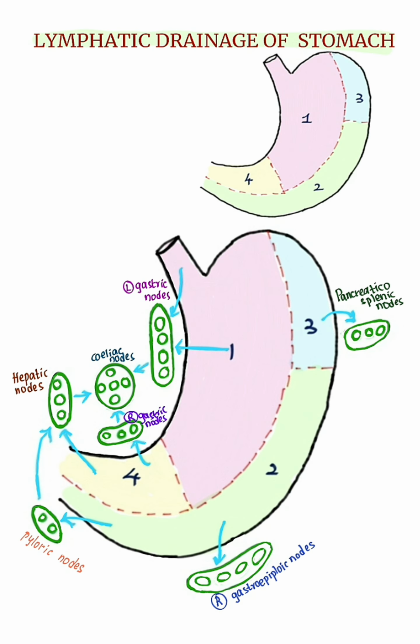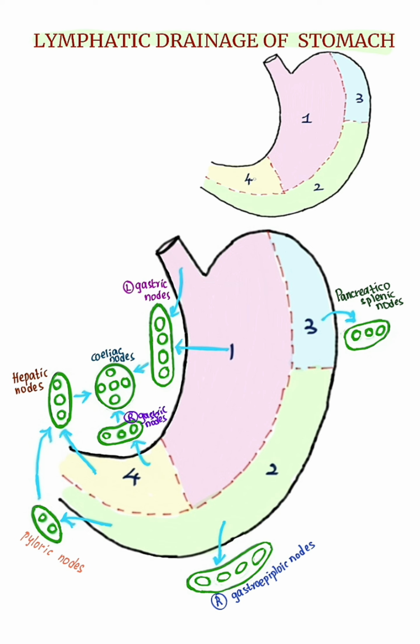Lymphatic drainage of the stomach. The lymphatics of the stomach follow four territories: area 1, area 2, area 3, area 4. This is the right side, this is the left side. Area 1 is the right upper two-thirds.